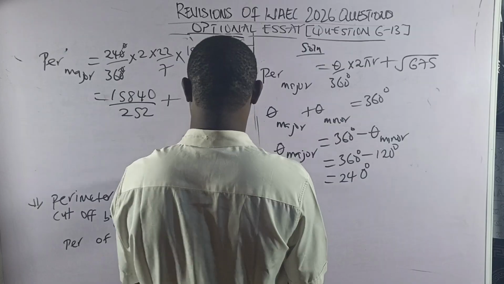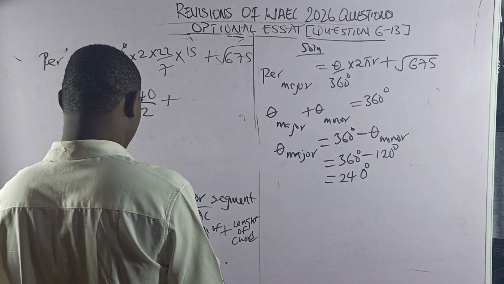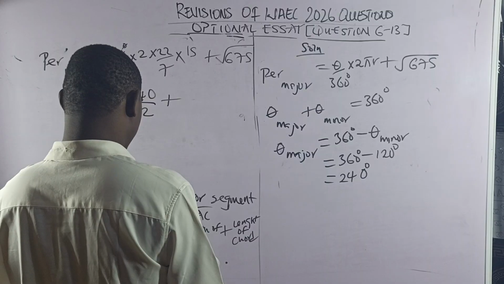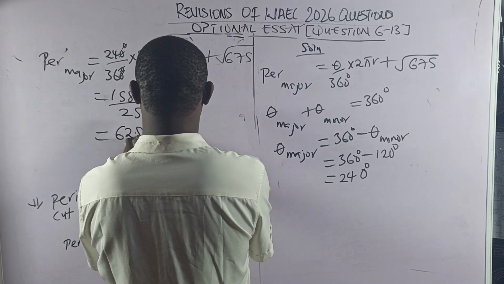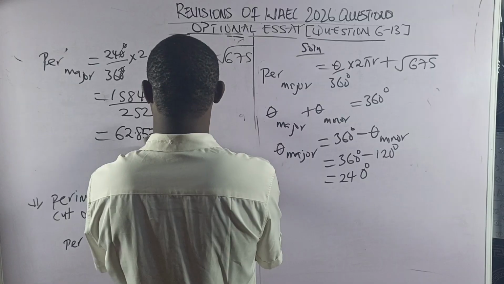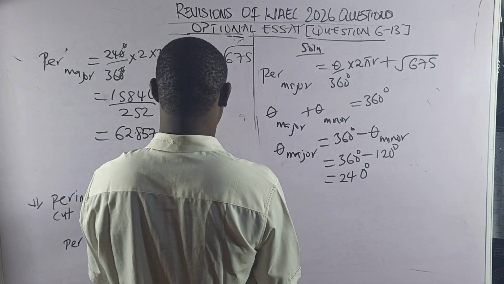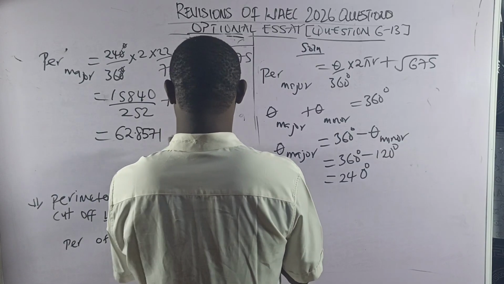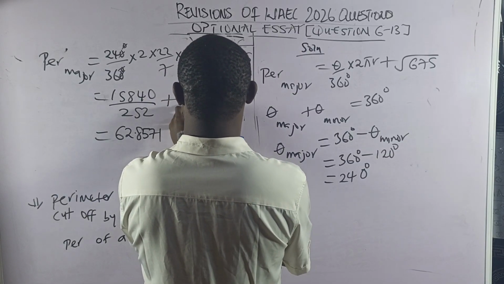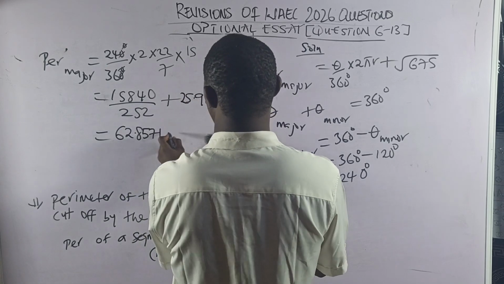Let's just check the square root of this. But before I do that, let me have 15840 divided by 252, which will give me 62.8571. Now, the square root of 675 equals 25.9808.